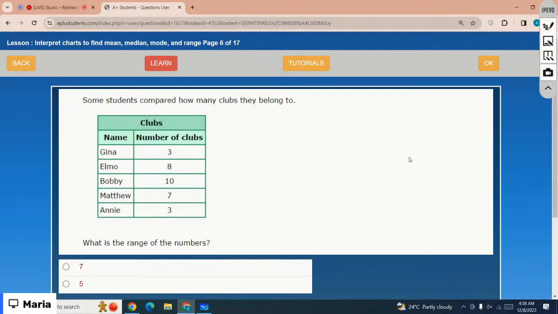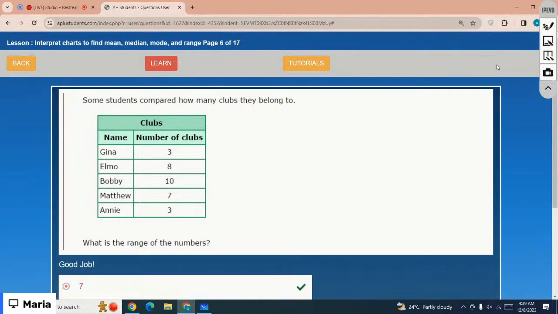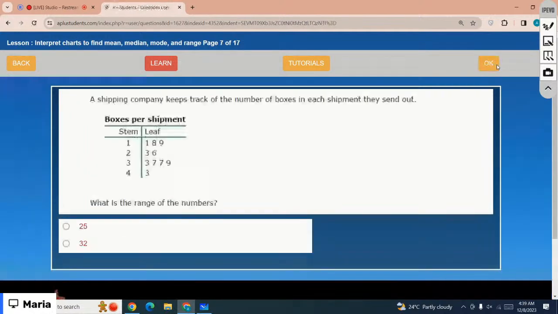That is 10 minus 3. The correct option is 7. The range of the data is 7. Very good. A shipping company keeps track of the number of boxes in each shipment they send out. What is the range of the data, which is the correct option?